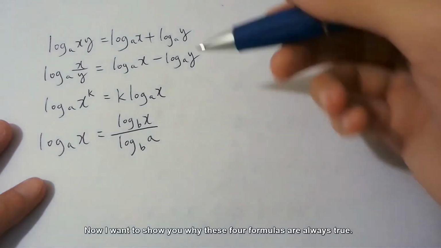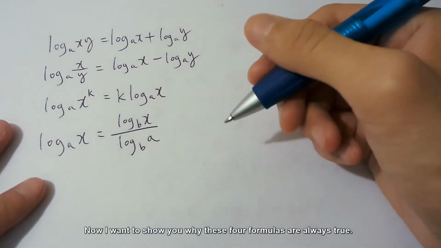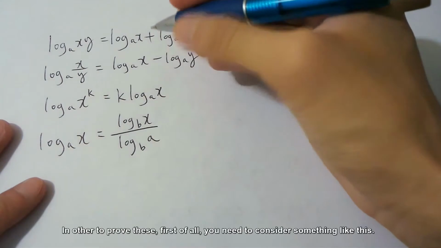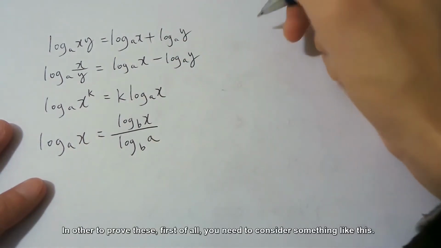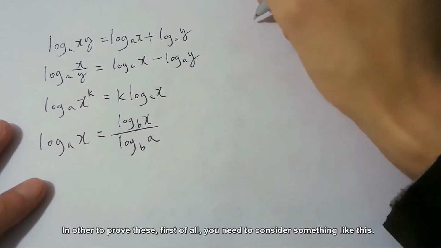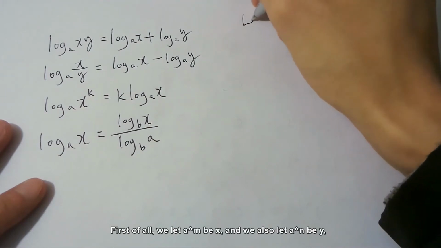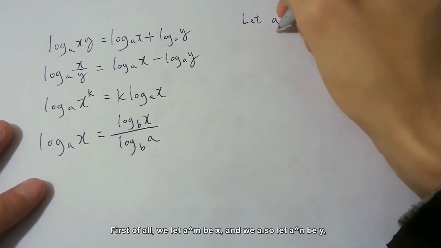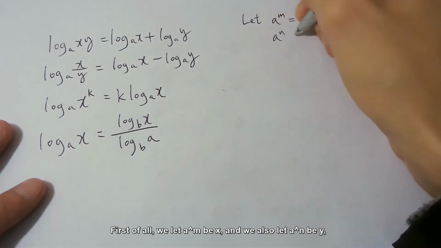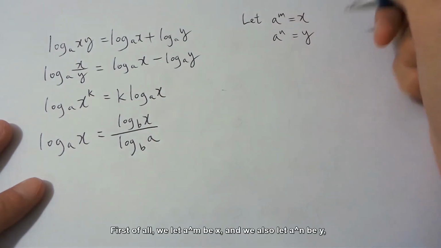Now I want to show you why these 4 formulas are always true. In order to prove this, first of all you need to consider something like this. We let a to the power m be x, and we also let a to the power n be y.